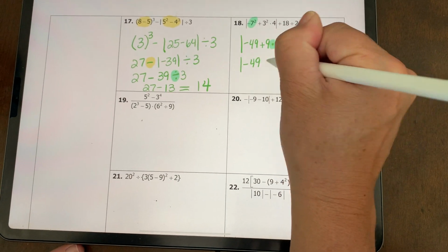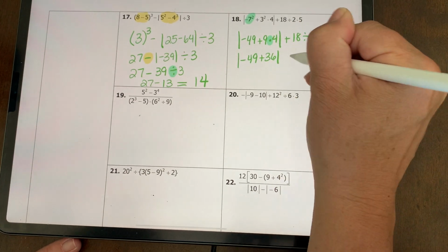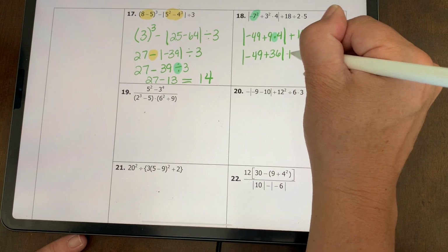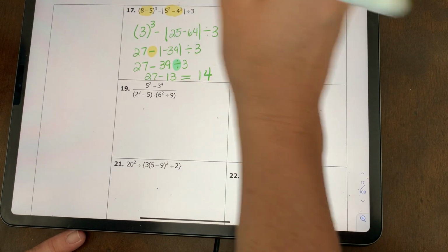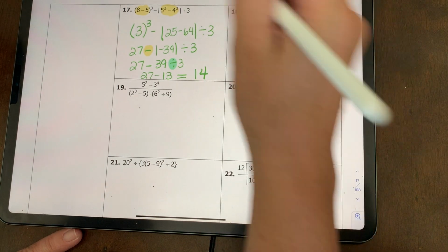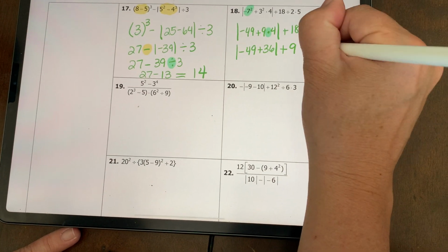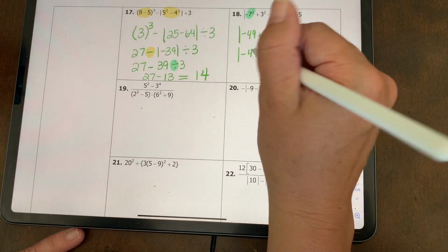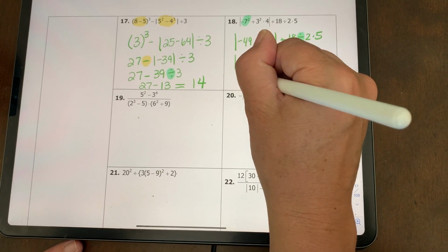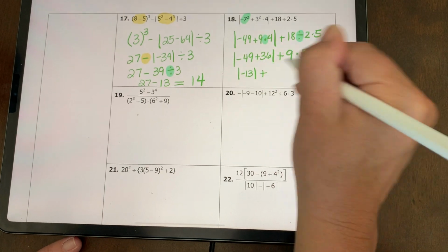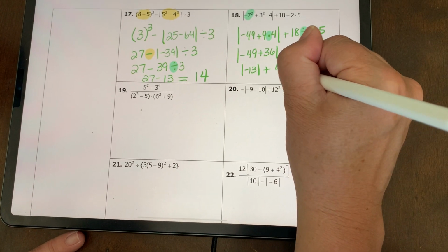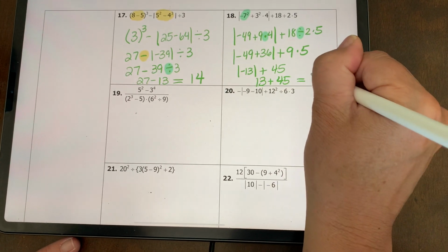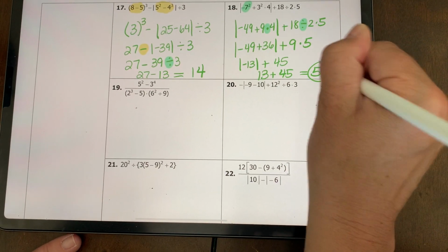So this would be a negative 49 plus 36. And then I can do all my dividing. So that would be 9 times 5 because 18 divided by 2 is 9. So negative 49 plus 36 is a negative 13 plus 9 times 5 is 45. So this would be negative 13 plus 45 and my answer is 32. Okay.